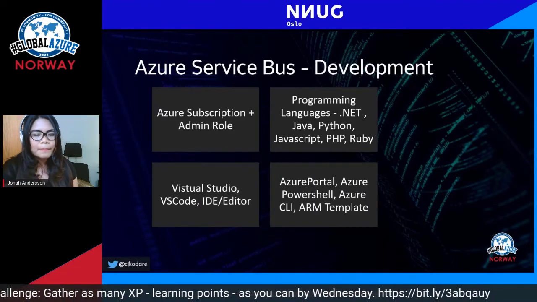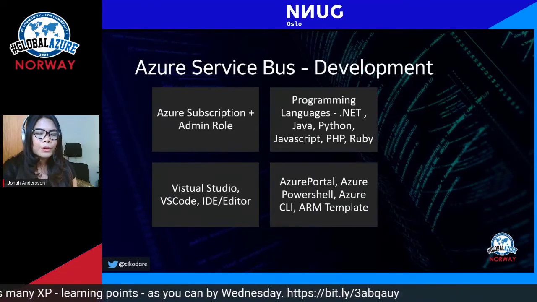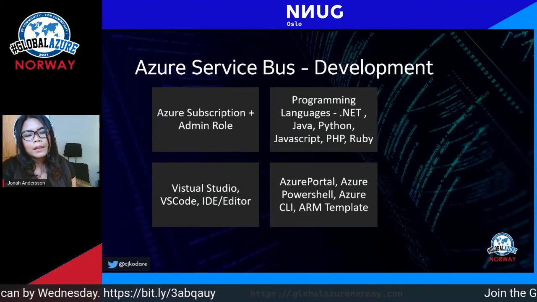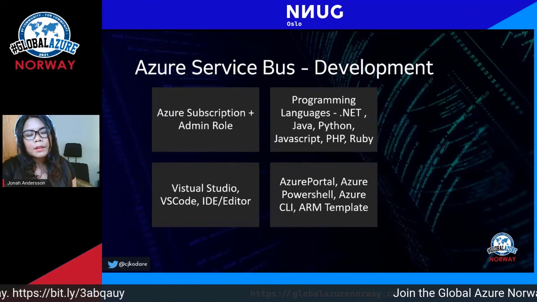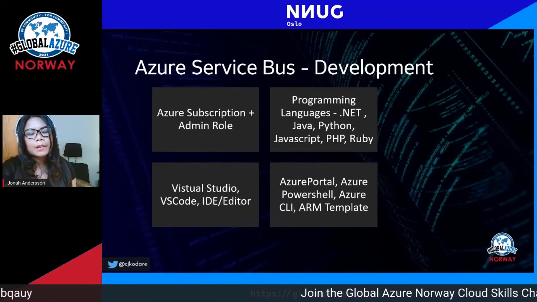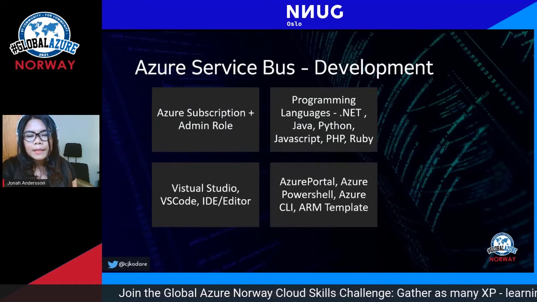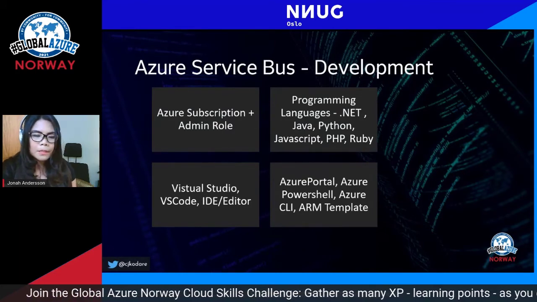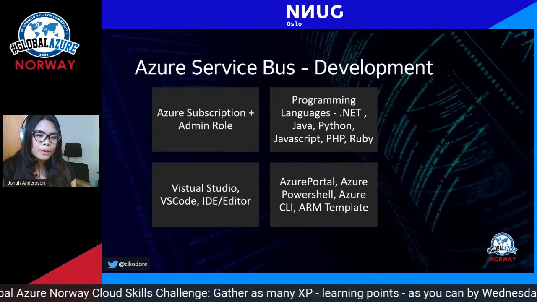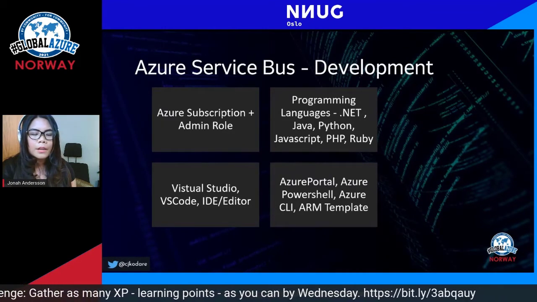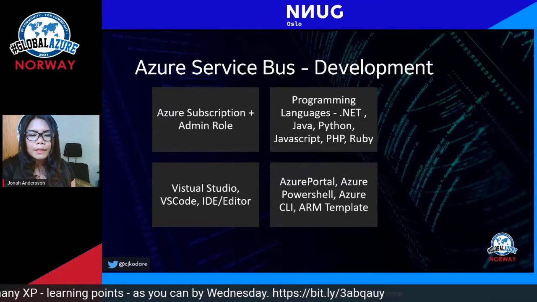And depending on what you're creating, queue or topics, you can use Azure Portal, Azure PowerShell, Azure CLI, and ARM template. For the topics and subscriptions service, I don't think they support ARM template.